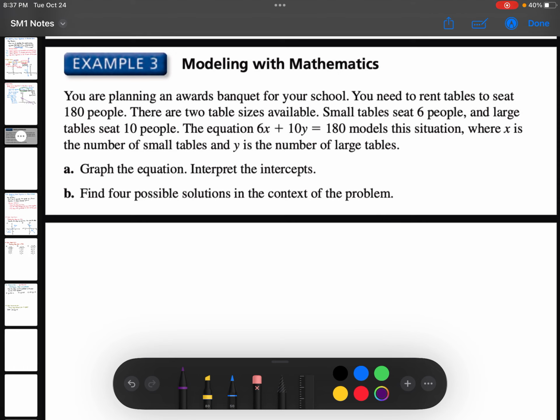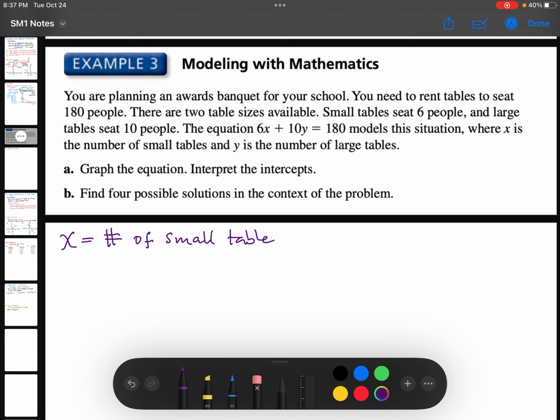You are planning an awards banquet for your school. You need to rent tables to seat 180 people. There are two table sizes available. Small tables seat 6 people. So I'm going to use x as the number of small tables.